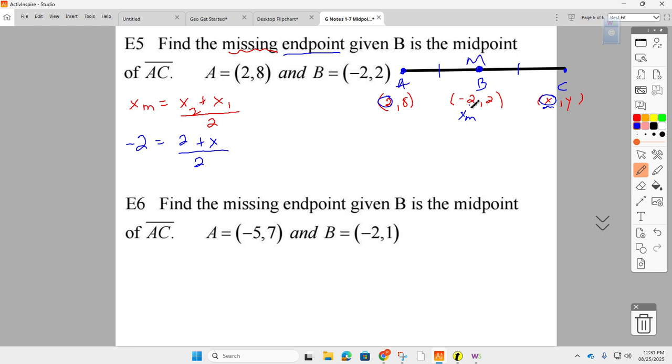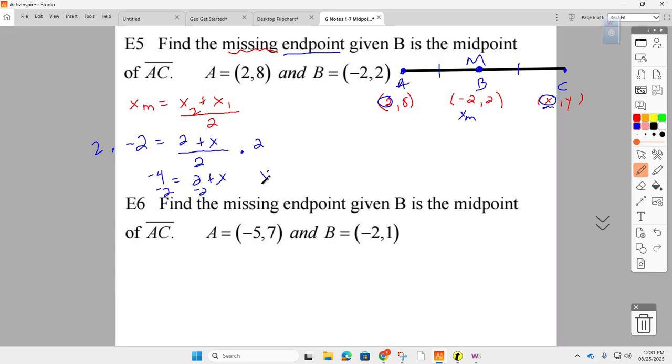Negative 2 equals our x plus our unknown x, all over 2. So now we always just multiply both sides by 2 to solve from here. It's negative 4 equals 2 plus x. We're going to subtract 2 from both sides.